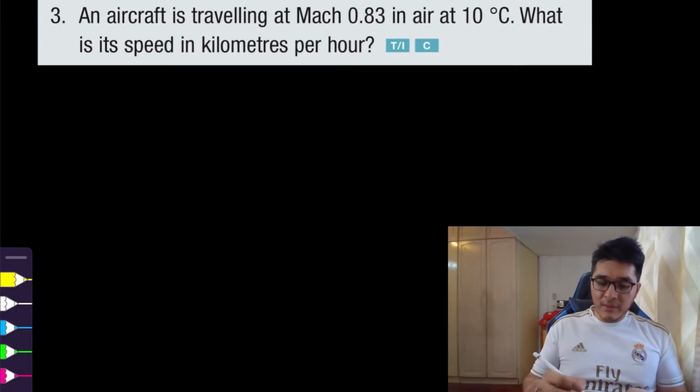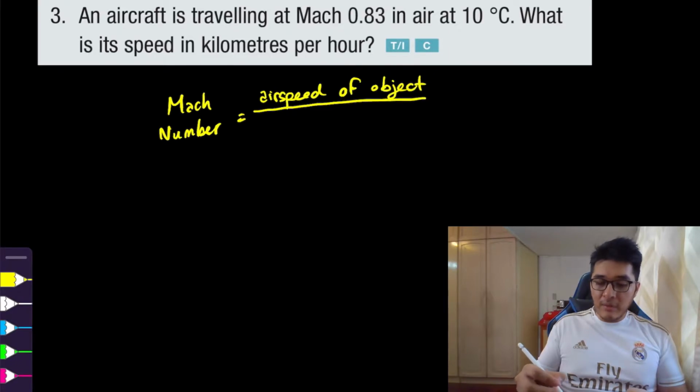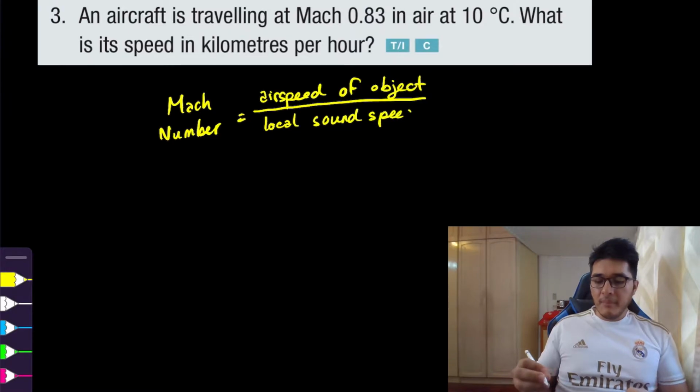So the formula considers the Mach number, and is looking at the speed of the object in the air. And it takes it as a ratio to the speed of the local sound, or you could just say the speed of sound. And in this case, we got that the Mach number is 0.83.